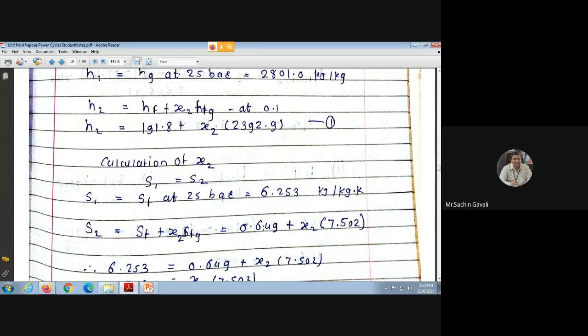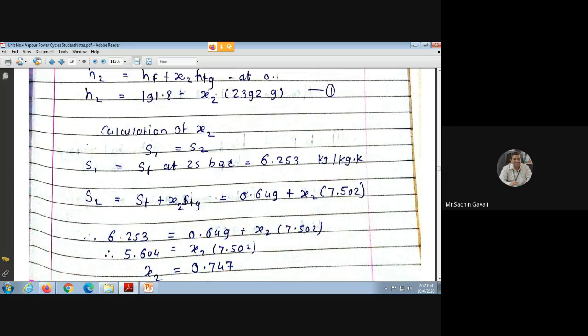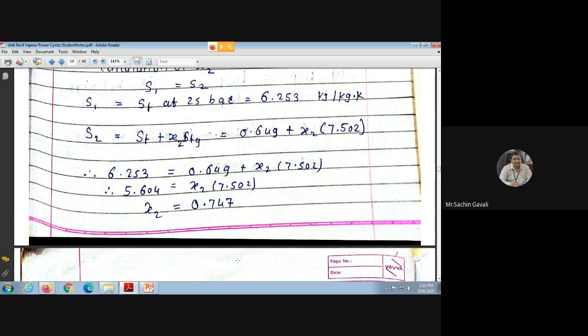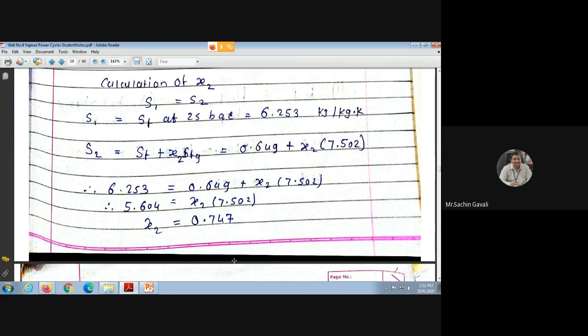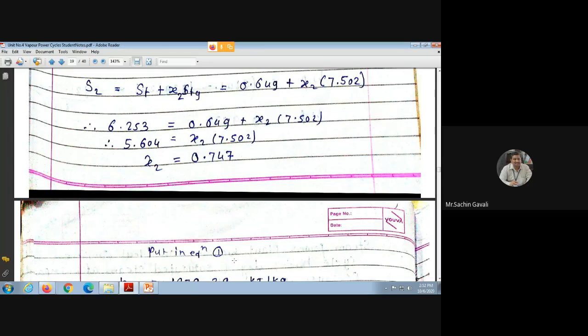So 0.649 plus X2 into 7.502, and it will give the answer. 6.253 is equal to 0.649 plus X2 into 7.502, and with 2 digits, X2 is coming as 0.75. Put that X2 value in equation 1.